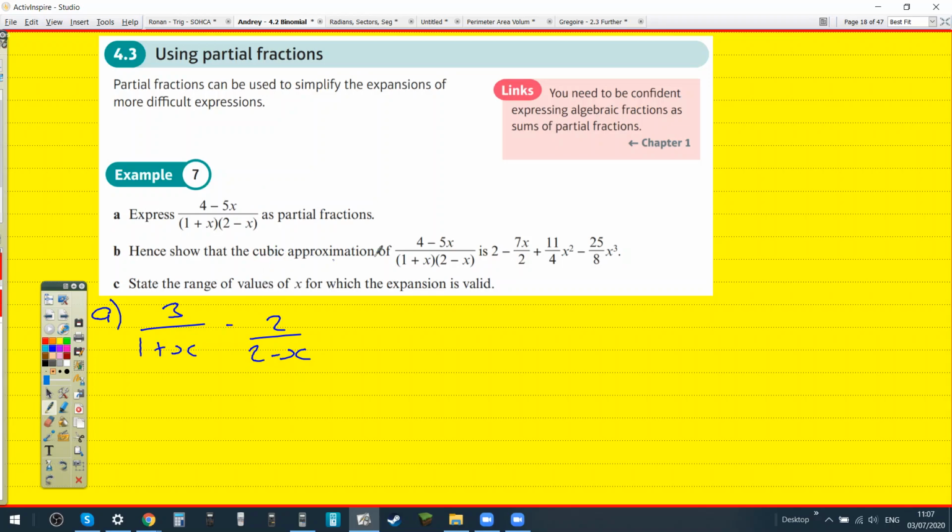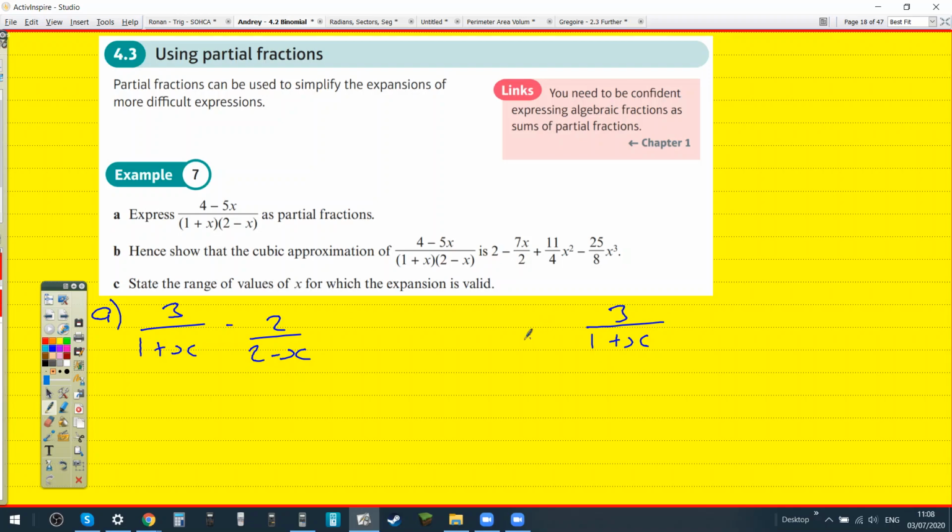Binomial expansion. How would you have expanded 3 over 1 plus x if it was by itself? There's a formula, isn't there? Yeah, but what is step 1 before you do the formula?